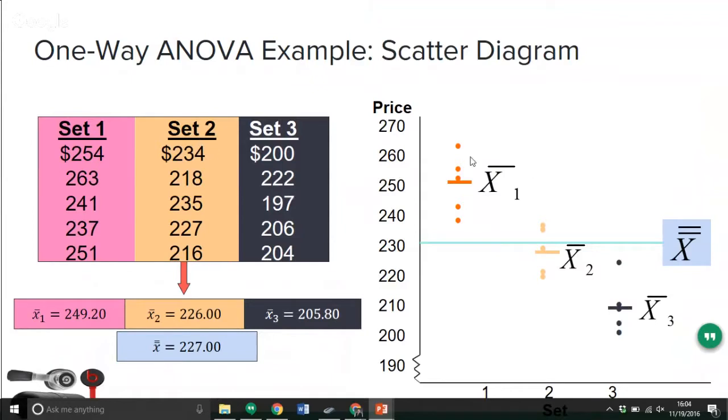Well, here's what would happen if we did a scatter diagram of everything. Here is X bar 1, 249.20. Here's X bar 2, 226. Here's X bar 3, 205.80. And here is the grand mean, a little bit higher than normal, but roughly 227.